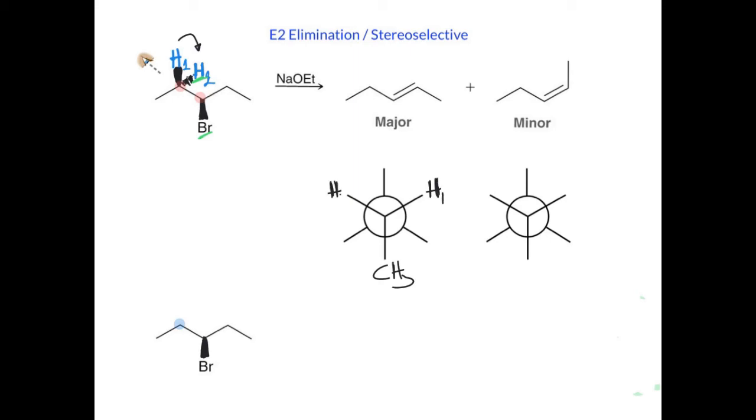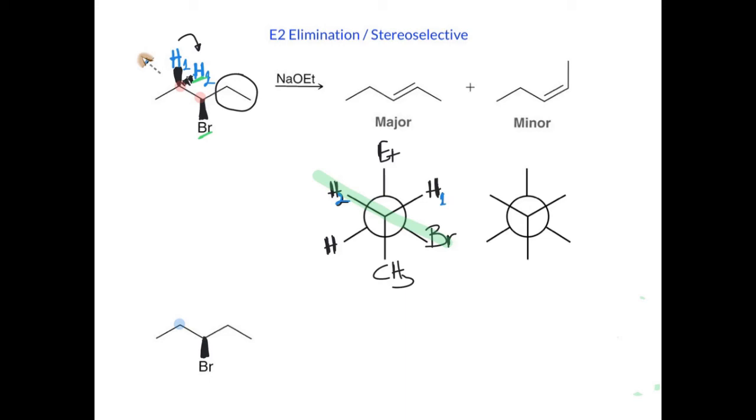Hydrogen 2 pointing left, while for the back carbon I have an ethyl group pointing up, a bromine group pointing down to the right because it's on a wedge, and the hydrogen pointing back to the left. I can now clearly see that H2 and bromo are in anti-coplanar position.